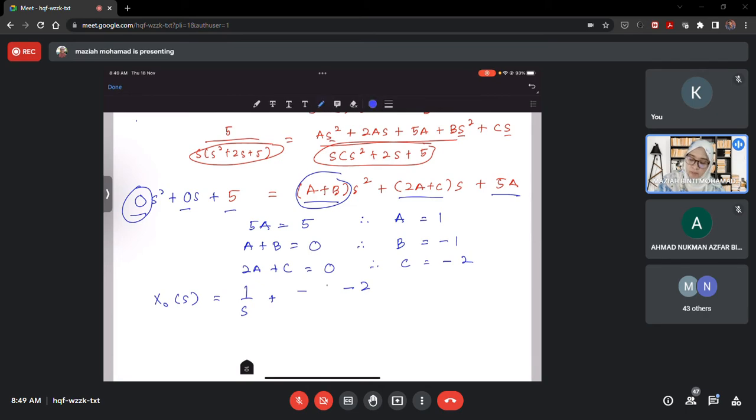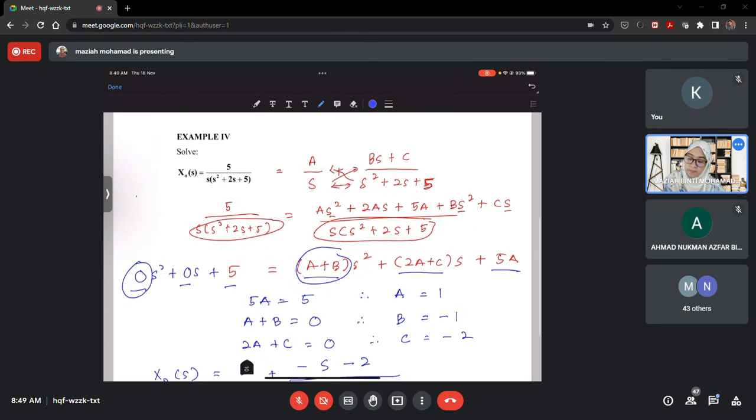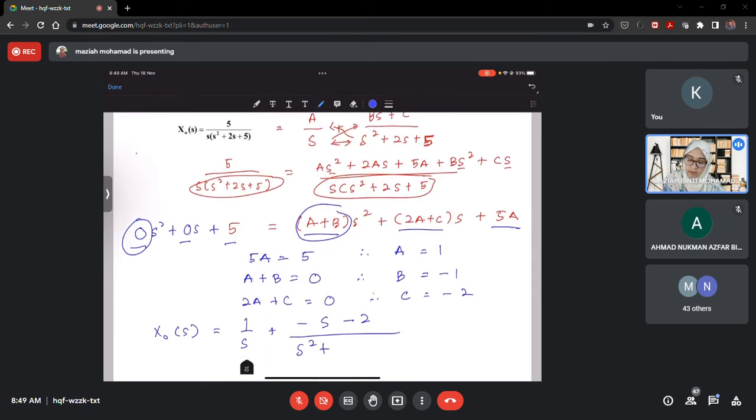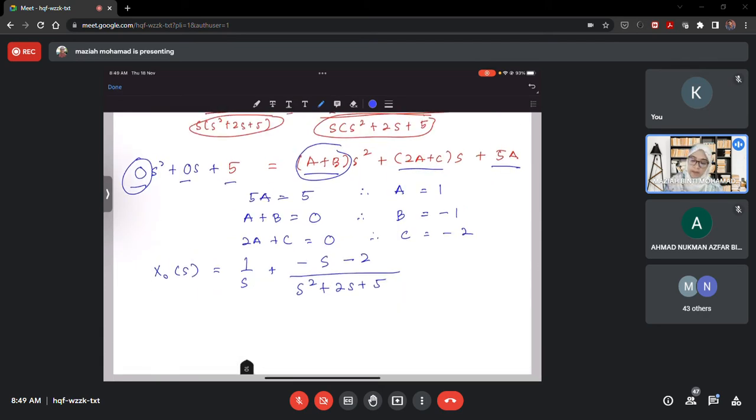So minus s minus 2 over s square plus 2s plus 5. Okay, so we can rewrite this to become 1 over s minus s plus 2 divided by s square plus 2s plus 5.